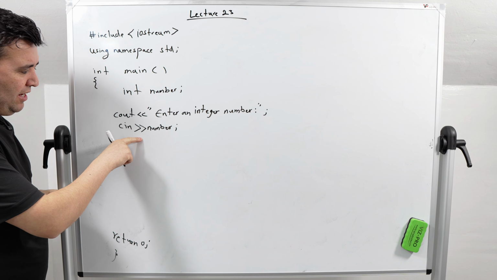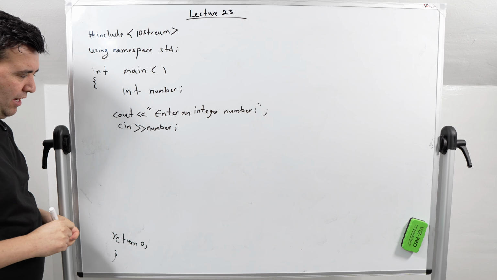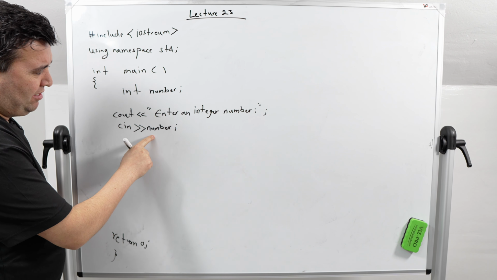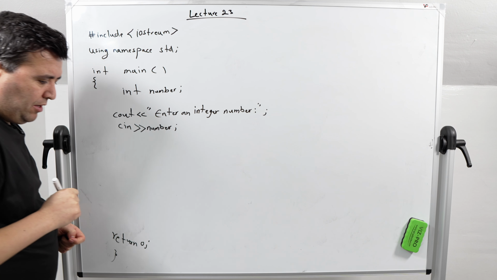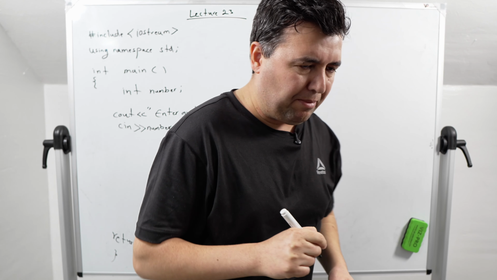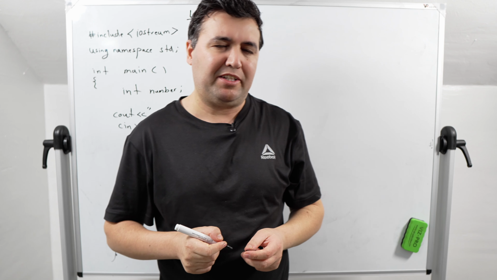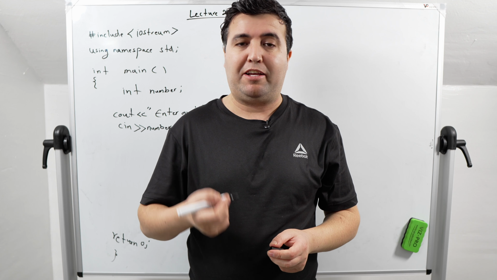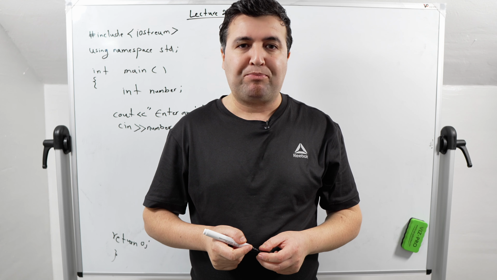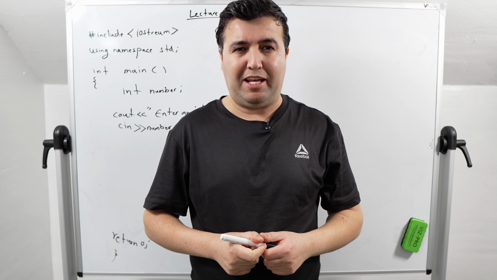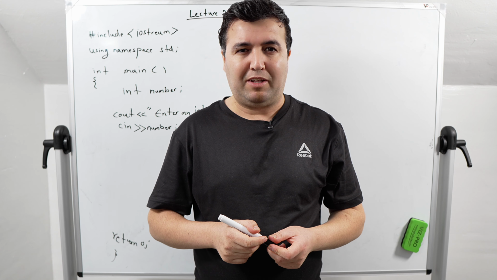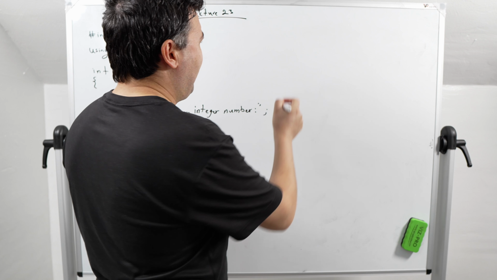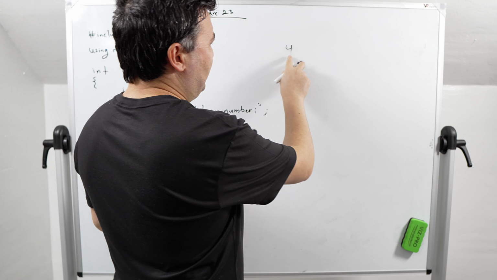Now we need to check if the number entered by the user is even or odd. If we talk about even numbers in mathematics, like 2, 4, 6, 8, 100, 1000, if we divide those numbers by 2, the remainder becomes 0. For example, 4 is an even number.